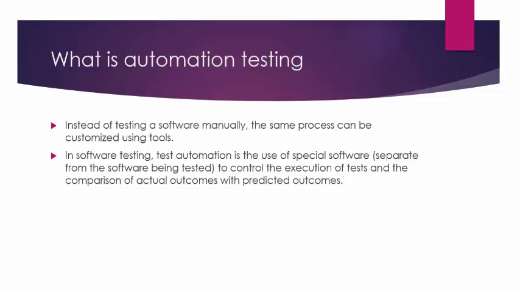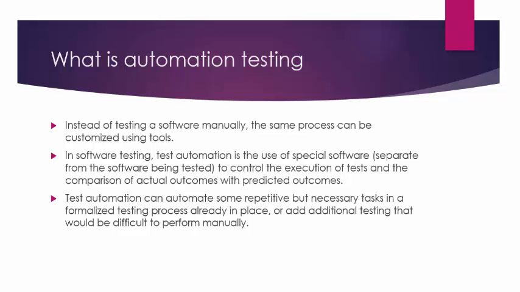It means that in a manual test execution, the person who does the testing decides the actual and the expected output. The same thing can be programmed with a testing tool.